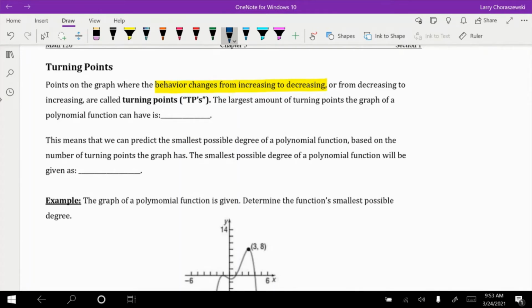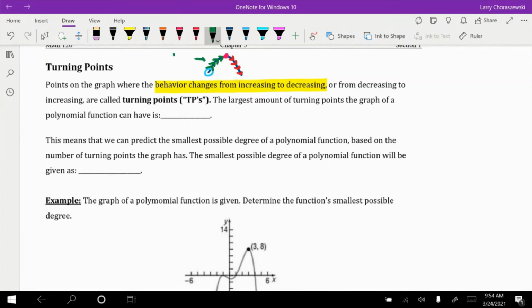Let's say that we're looking at a hill on the graph of a polynomial function. If we place our index finger here and trace from left to right, this part of the graph would be increasing at first until it reaches the very top of this hill, in which case going past it, the graph would be decreasing.